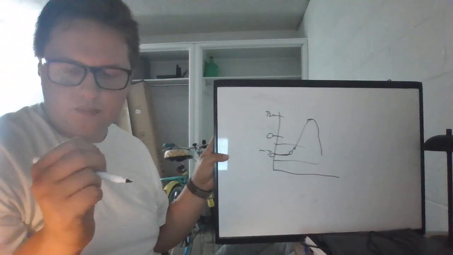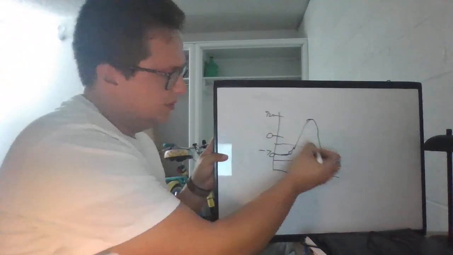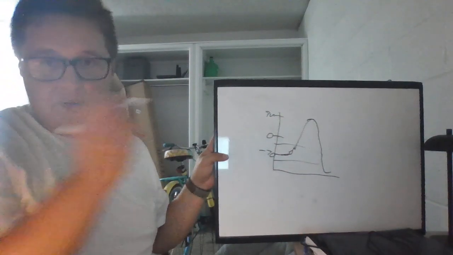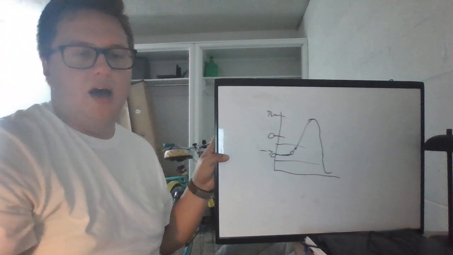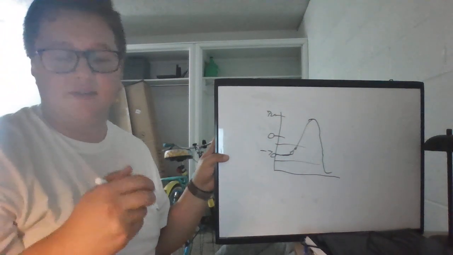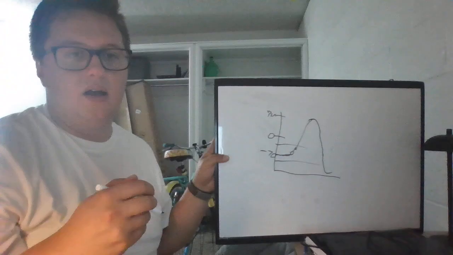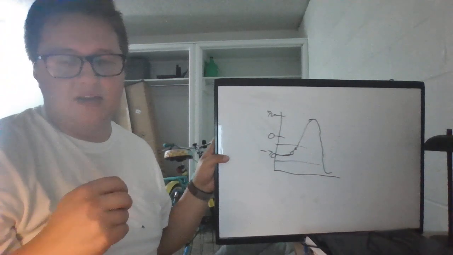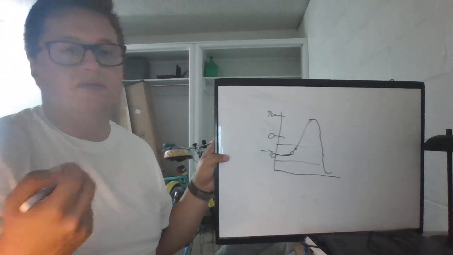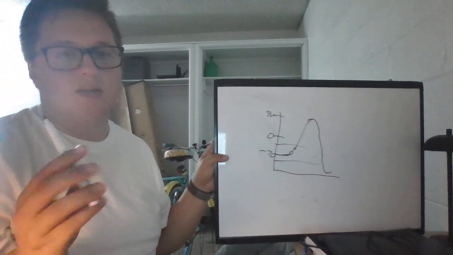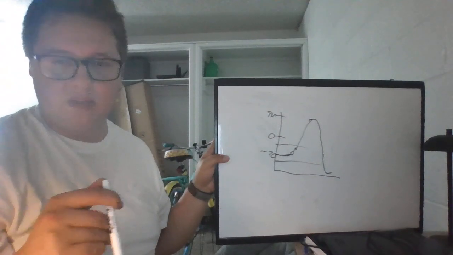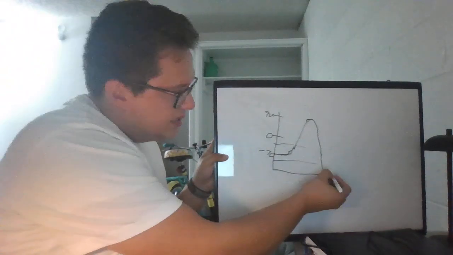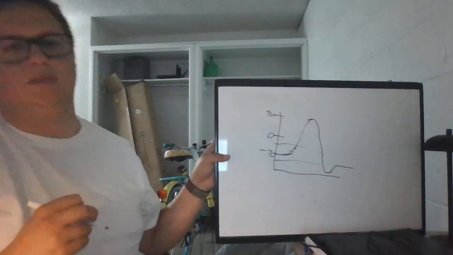However, the potassium channels stay open just a little bit too long, so it drops below the negative 70. Then we have something called the absolute refractory period, where no action potential can fire, and the sodium channels are inactivated, and the relative refractory period, where some sodium channels recover, but extra stimulus is needed because the cell is still hyperpolarized. But this is when it comes back up and goes back to resting membrane potential.